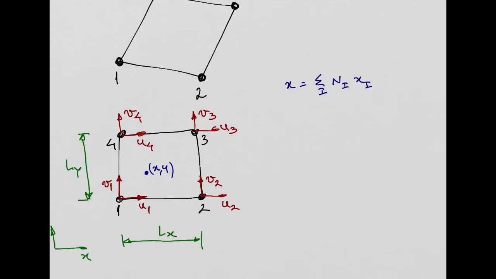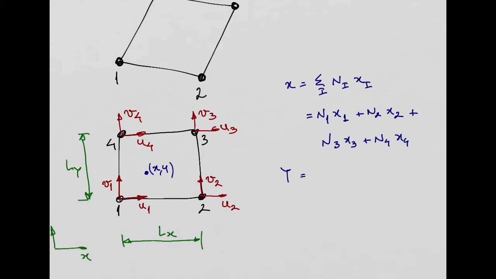I can expand this, because we have 4 nodes, we will have shape function number 1 times the x coordinate of node number 1 plus n2 times x coordinate of node number 2 plus n3 times x3 plus n4 times x4. Same thing for the y coordinate.